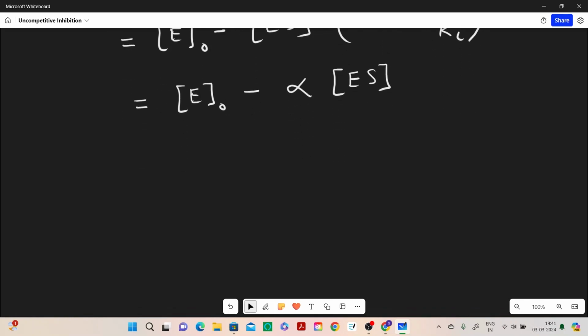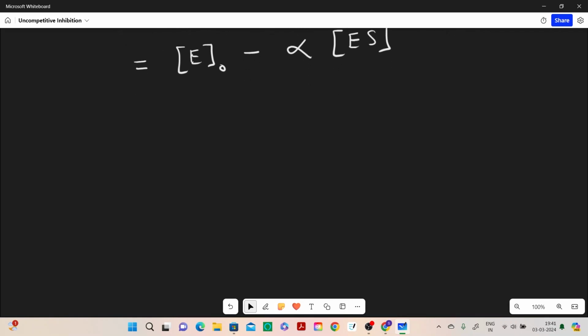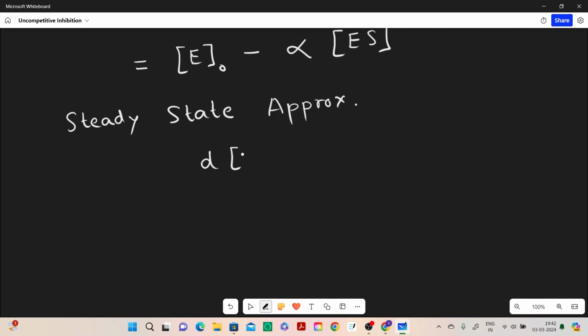Now while deriving the rate equation for enzymatic reaction, we will use the steady state approximation, which tells us that the rate of change of the enzyme substrate complex over time in steady state is 0.